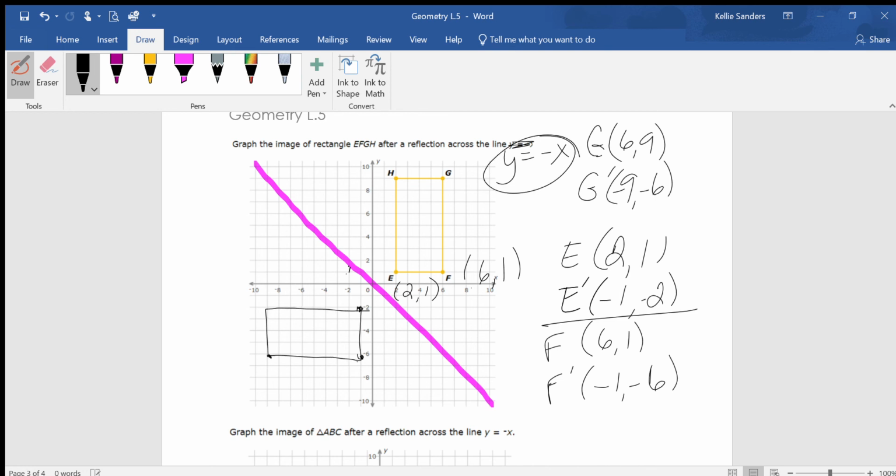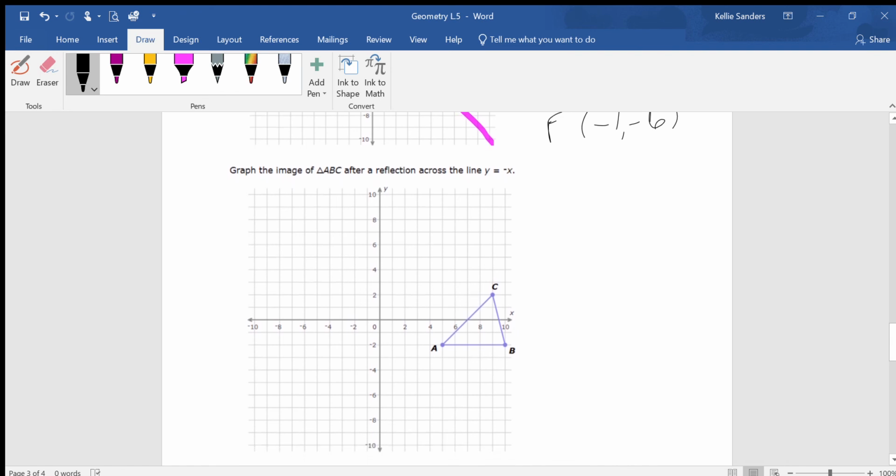But the rule for this is X goes to opposite Y, Y goes to opposite X. You switch your X's and your Y's and you make them opposite of whatever they are to begin with. All of these at the very beginning were positive, so we switched them to negative. But if they would have started out negative, you would switch them to positive.